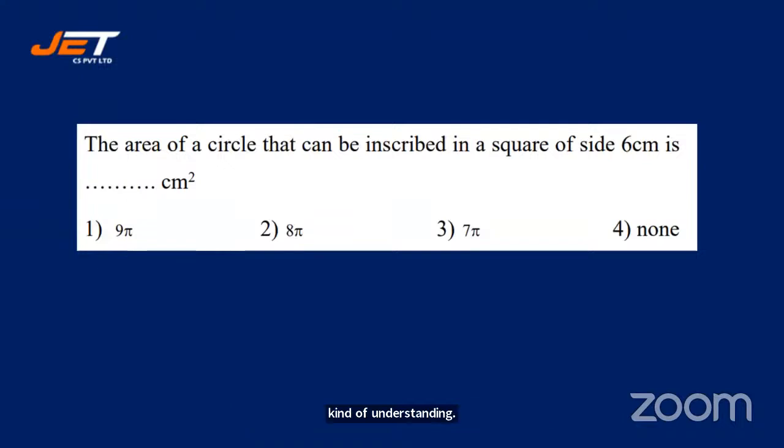See the next question. The area of a circle that can be inscribed in a square of side 6 centimeter is dash centimeter square. Yes, I'm sure you will be able to do this. Please do it and give me the answer.